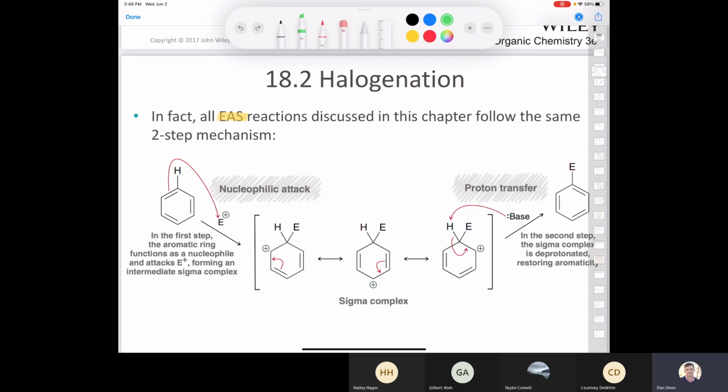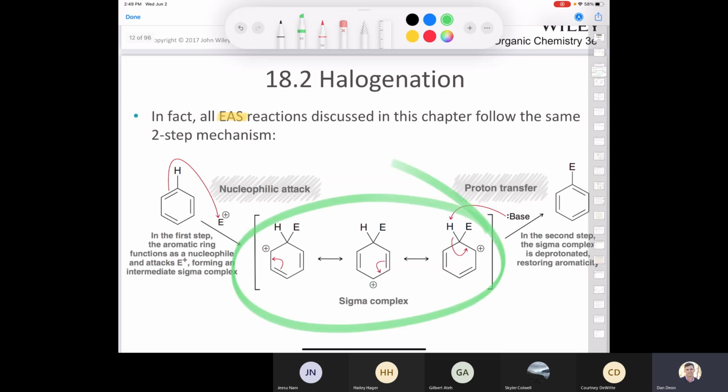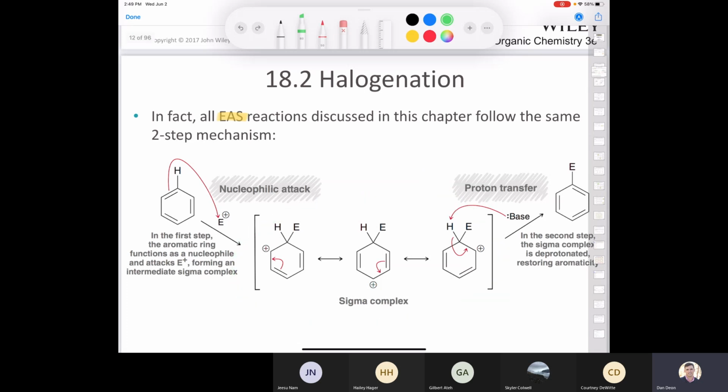But the sigma complex is going to come into play even more later on in this chapter, when we look at molecules instead of benzene. What about toluene, or anisole, or something where we have a substitution already on the aromatic ring? The sigma complex is going to play an even more important role in substitution reactions then. So just something to put that bug in your ear.